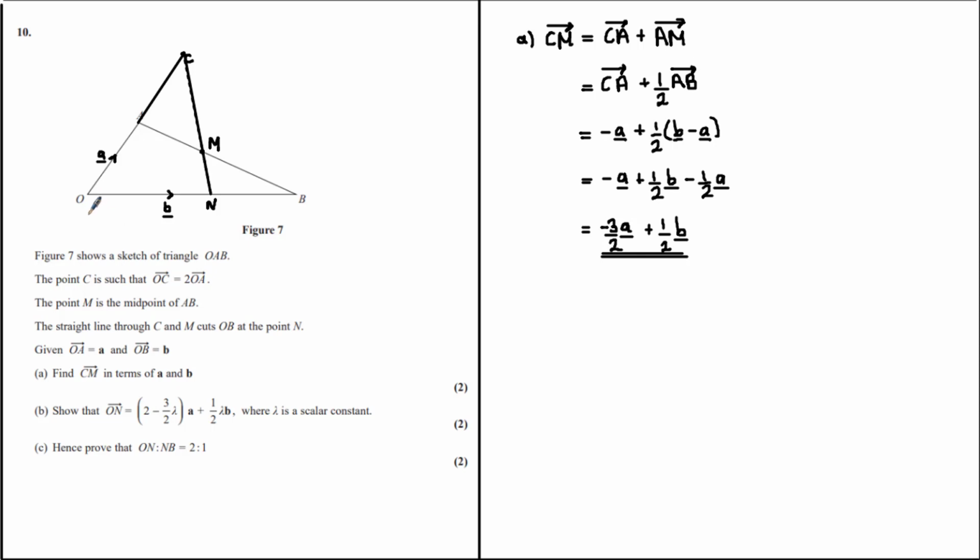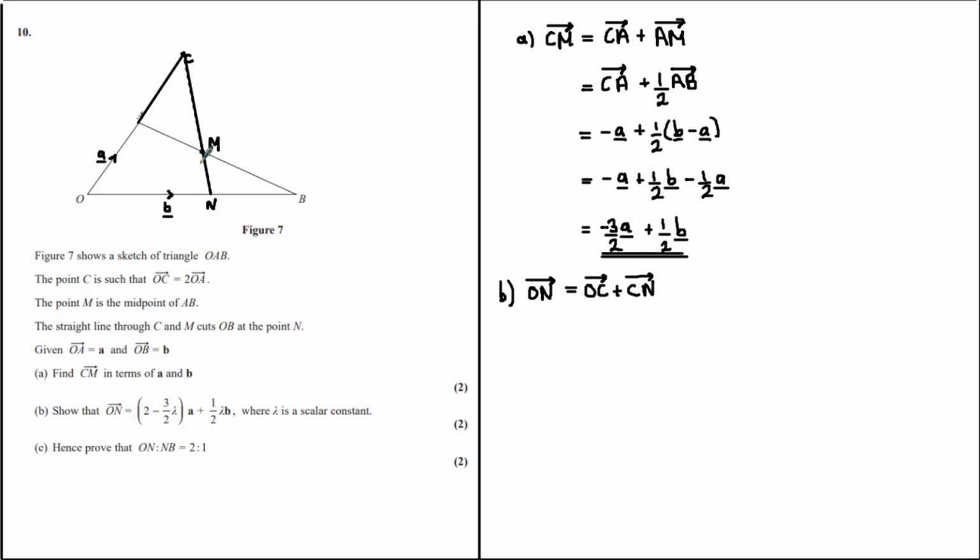We don't know anything else about this direct path other than the fact that it's a fraction of the vector OB. Now another path we can choose is by going from O to C and then from C to N. And therefore we can say that the vector ON is equal to OC plus CN. Now we can express this vector CN in another way.